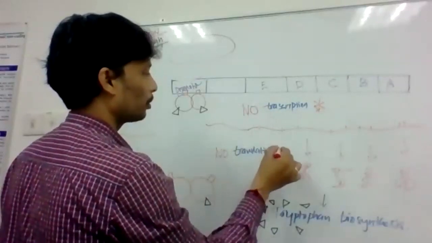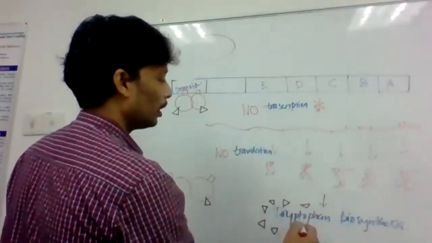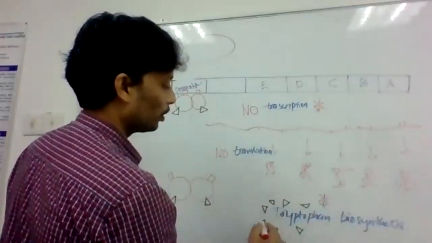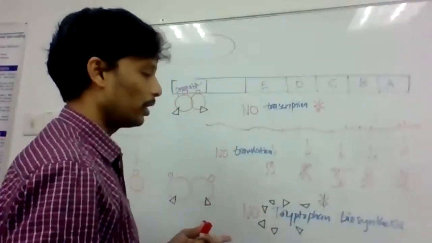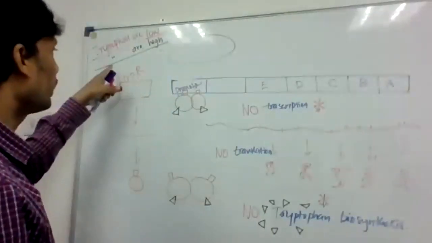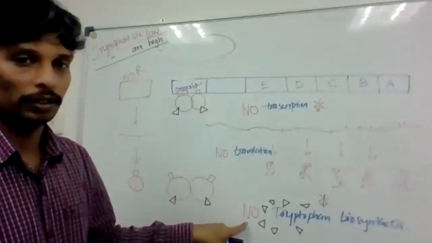Of course, there is no transcription, there is no translation, and there will be no biosynthesis. So that is what is actually wanted. When the tryptophan is high, no tryptophan biosynthesis.